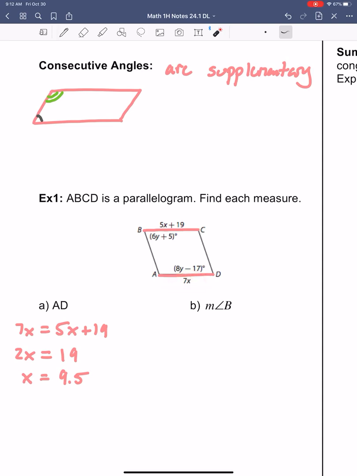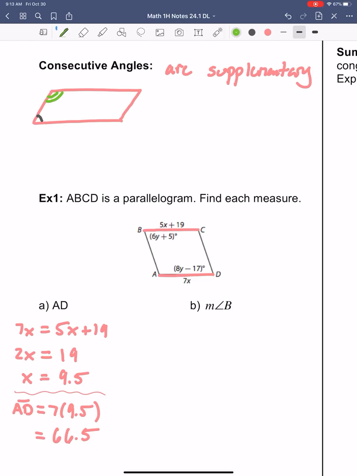Okay, and so we'll do that real quick. All right, so then AD equals 7 times 9.5. Okay, and then we can get that length there, right? So 7 times 9.5 is going to give me 66.5. All right, so that's finding the length of AD there.